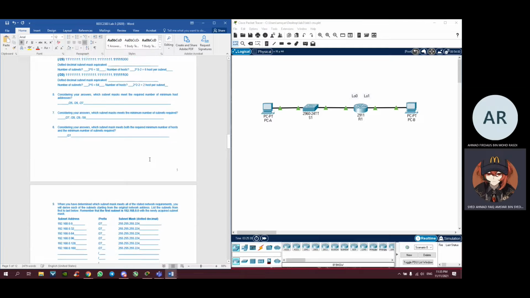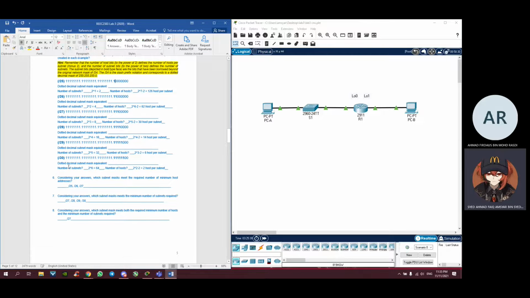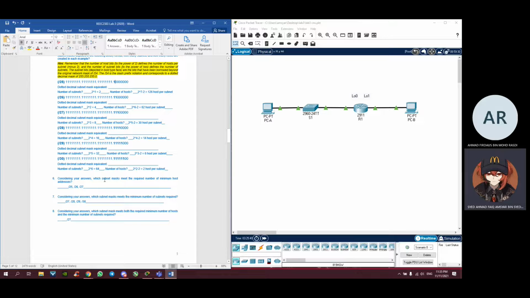Okay, and then for question number 6, considering your answer, which subnet masks meet the required number of minimum host addresses?